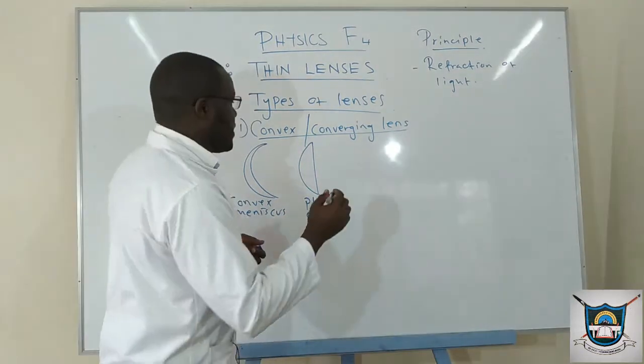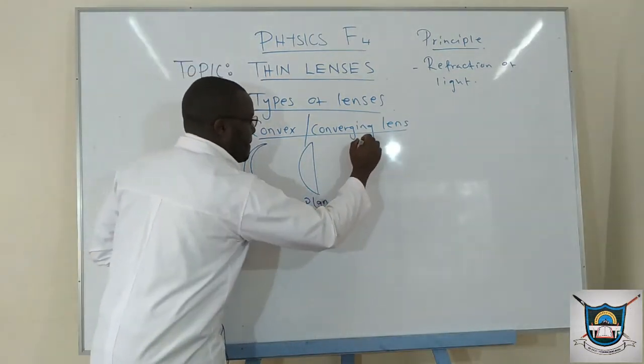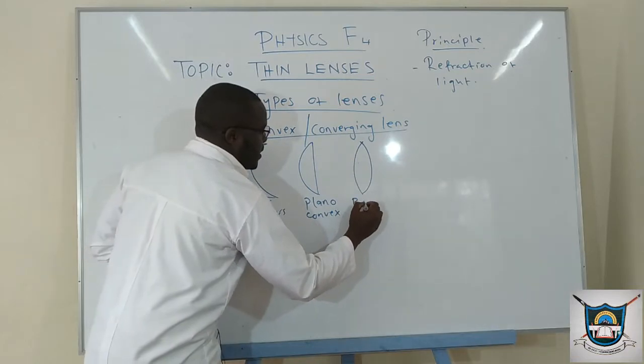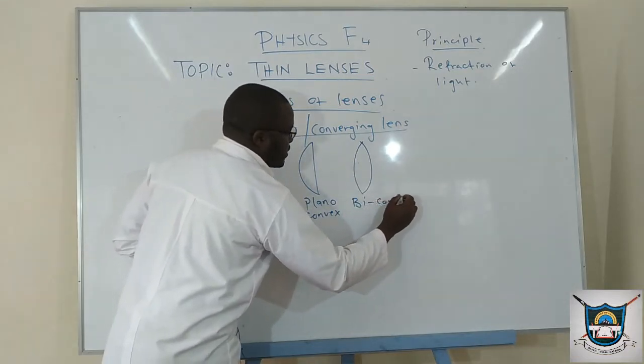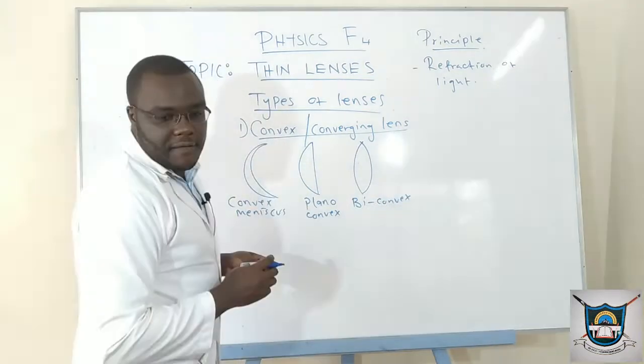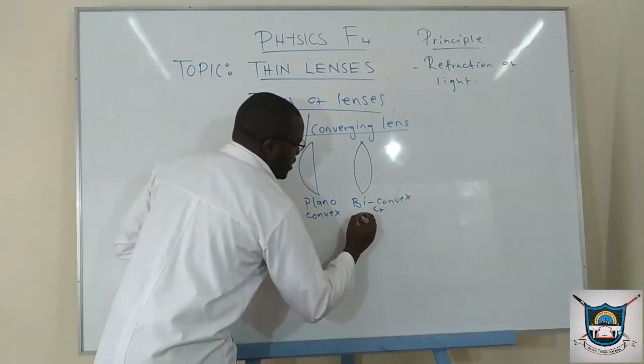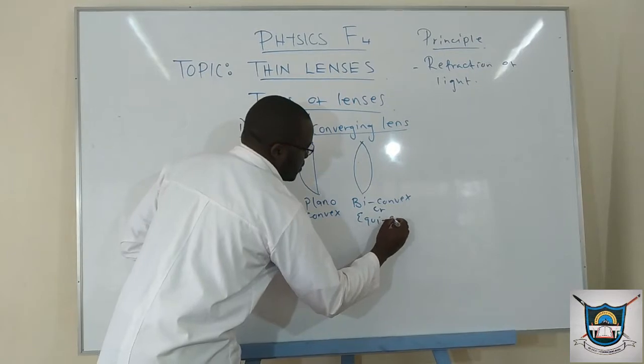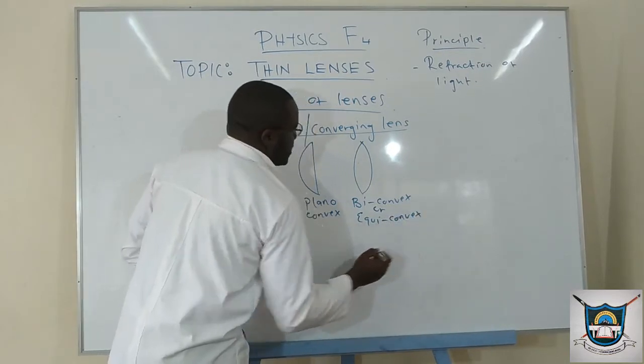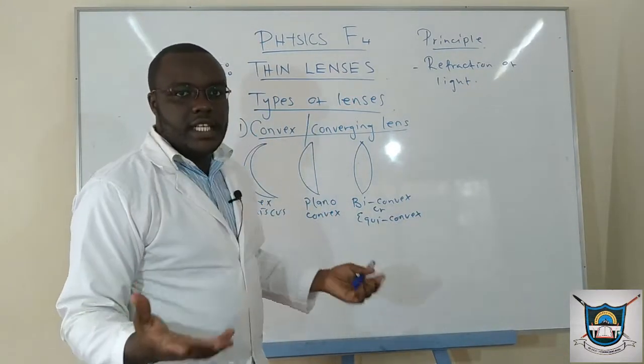We also have another one here, a biconvex lens. And finally, some books also call it equiconvex lenses.